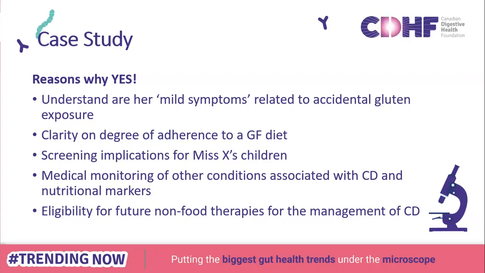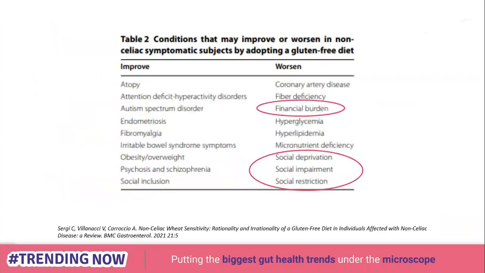If and when therapies are approved for use in Canada that are non-food related, so I'm talking about medications, I suspect there would be criteria for eligibility, and having a clear diagnosis of celiac disease is likely something that would be required in order to be eligible for such therapies.